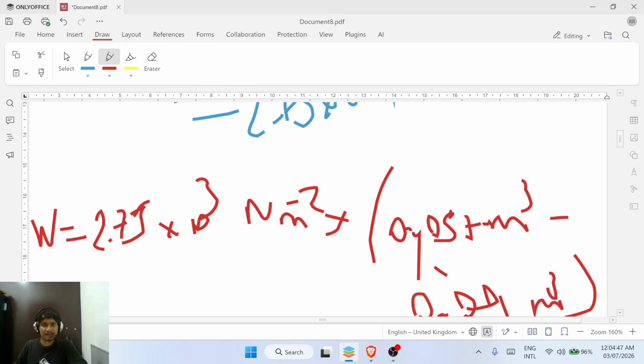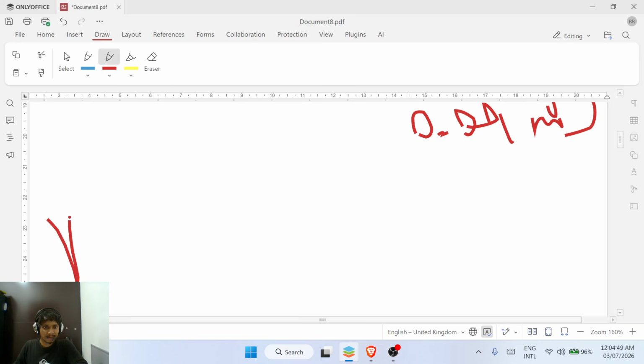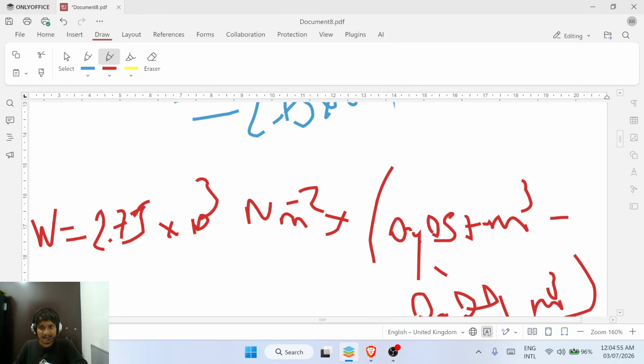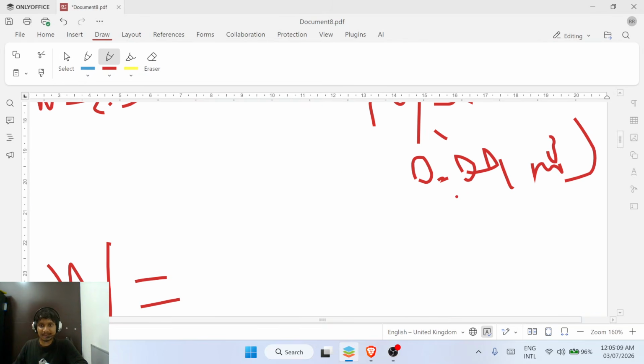Therefore, if you calculate this equation, you will get the answer for W as minus, because the final volume, approximately 0.05, is less than the initial volume, 0.09.